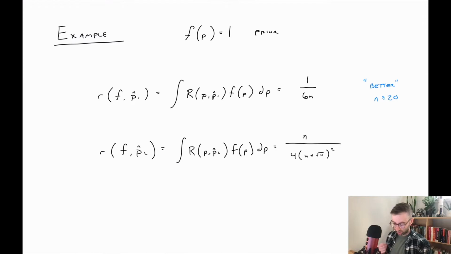But we could also look at the Bayes risk. If we did that with just a simple uniform prior, not making any crazy judgments here, we would end up with something that looks like this. In this case, for large enough n, the first estimator, the usual MLE, has a lower Bayes risk.